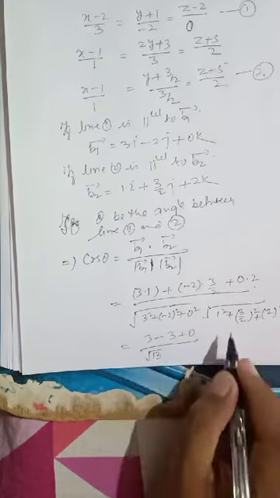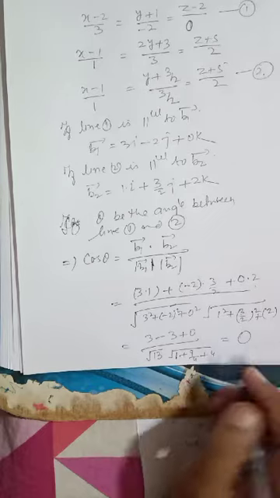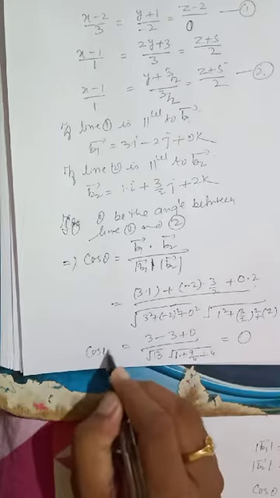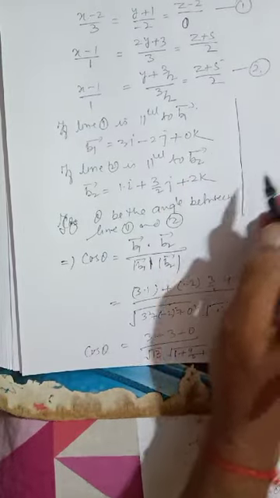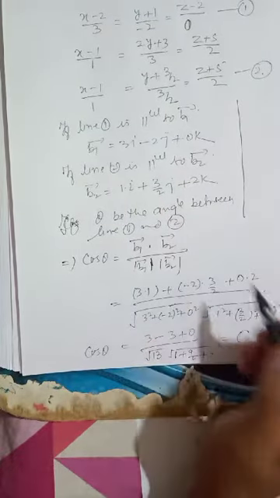And this one is under root 1 square 1 plus 9 by 4 plus 4. But since numerator is 0, so this is 0. What it means? Cos theta is equal to 0. It means line 1 is perpendicular to line 2.